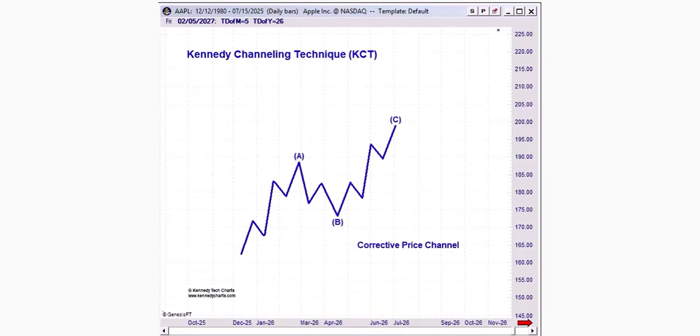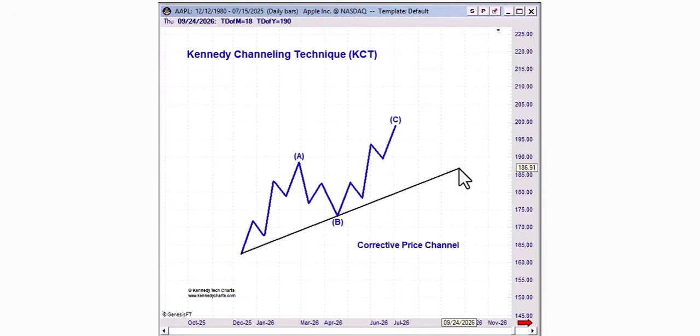I start off with a trend line from the origin point of wave 1, draw a line to the extreme of wave B, and then take a parallel of that line off the extreme of wave A. As long as this move is contained within these two lines, the most accurate interpretation of this price action is that it is a counter trend move, that this is going to prove to be a corrective wave pattern.